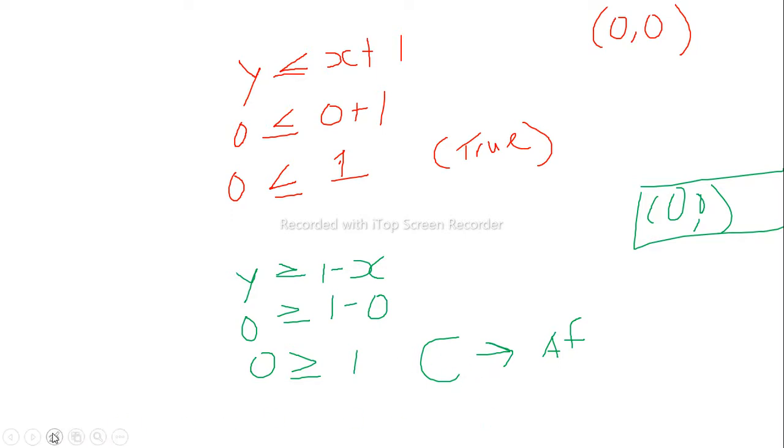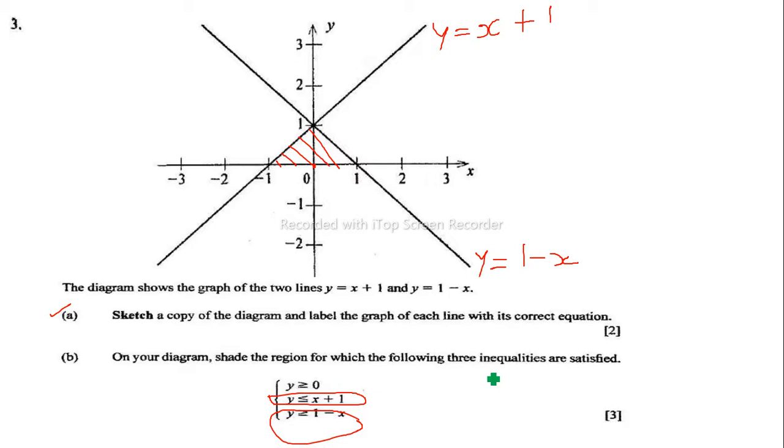Sorry, I'm supposed to write false. So that means that the point 0, 0 is in the false region. So everything on the other side is going to be the true region. Let me shade the true.